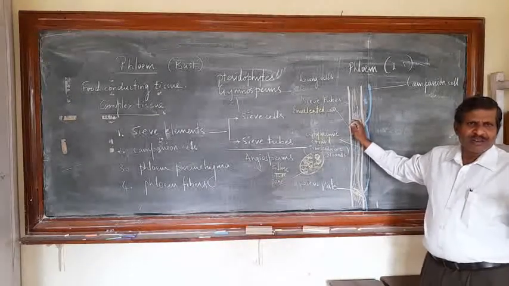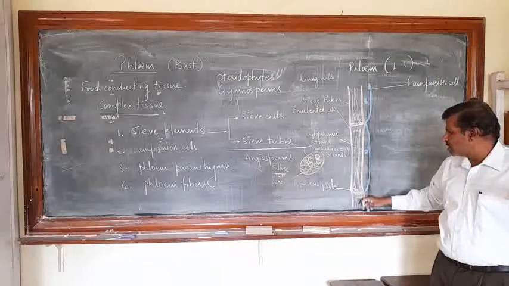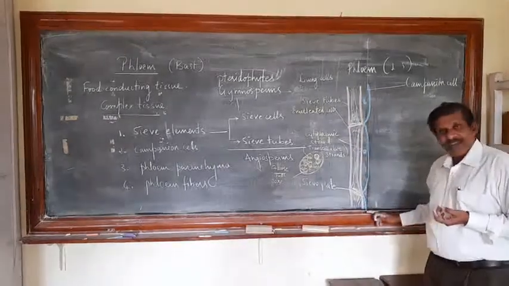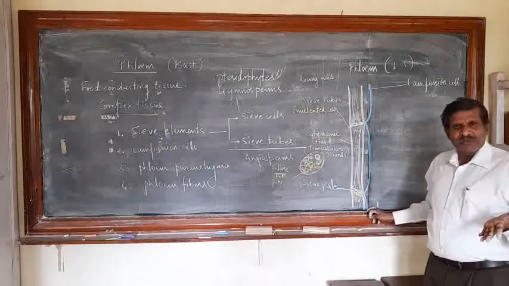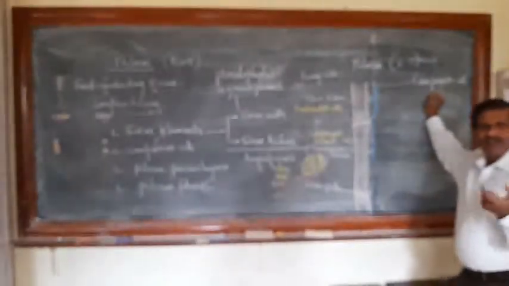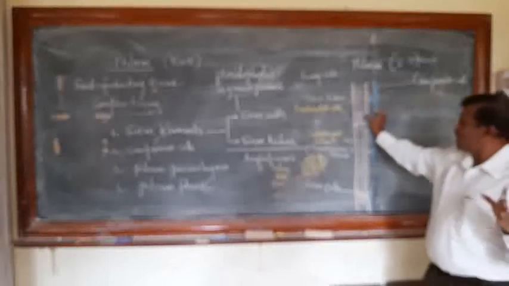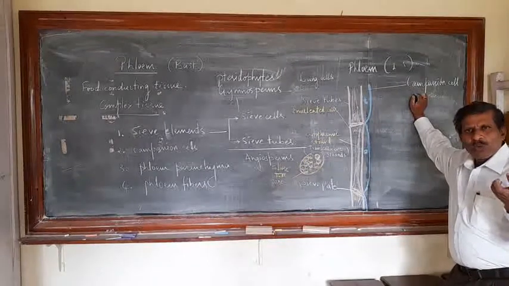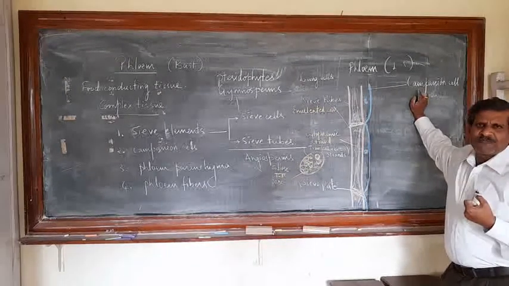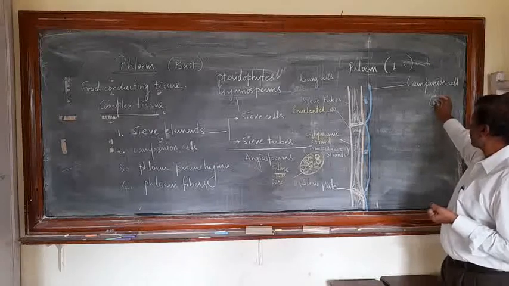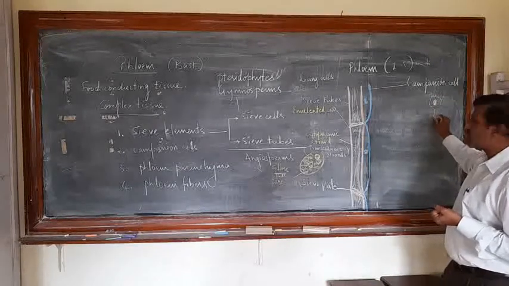It means that wherever there are sieve tubes present, by the side of the sieve tube there is always a cell associated with it, and that is the companion cell. These two cells, sieve tube cell and companion cell, originate from the same mother cell. Suppose this is a meristematic cell.